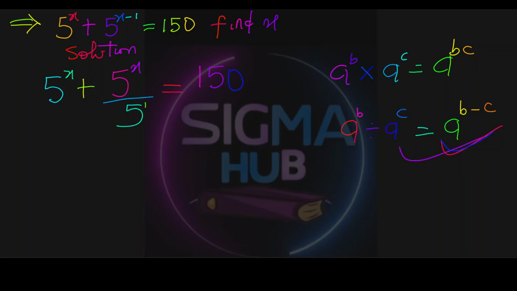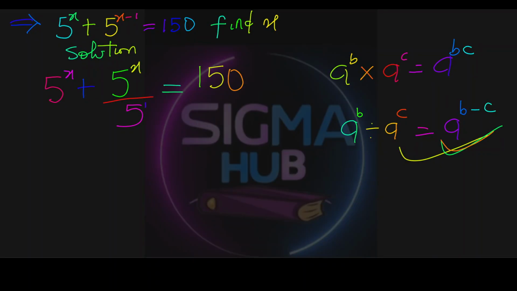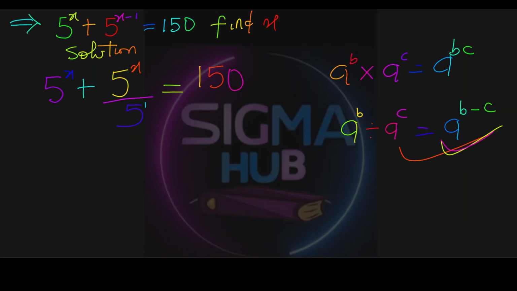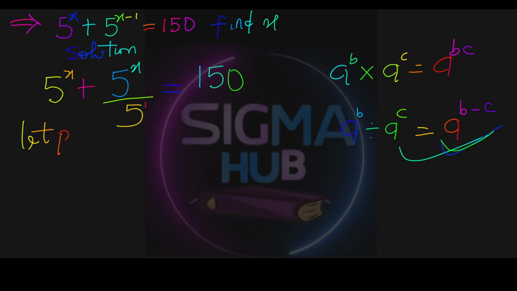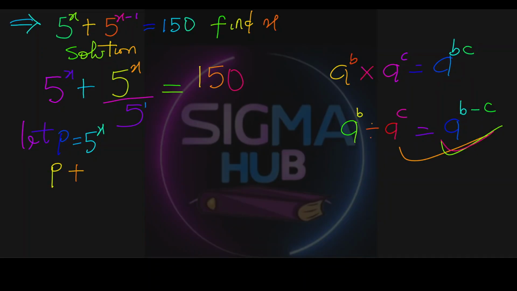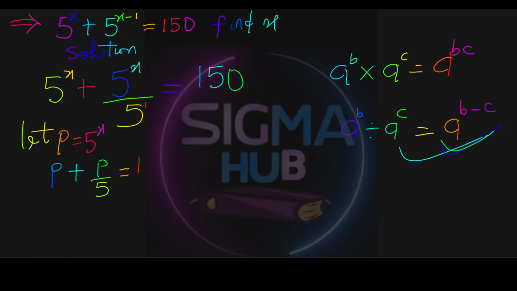Now what do we do next? In this case, we can use the same procedure we used in the last exercise. We can say let p equal to 5 raised to the power of x. So we have p plus p over 5, everything equal to 150.